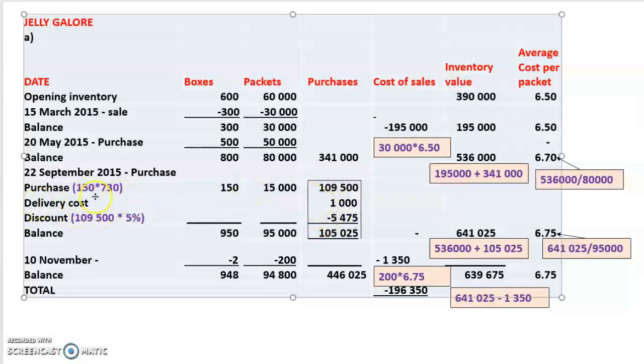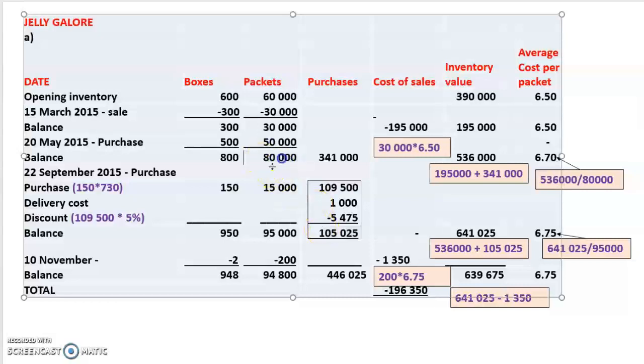Now our delivery cost was R1,000, so that forms part of the capitalized cost of the inventory purchase. So if we work out the total value of that purchase, that gives us 105,025. For how many packets? For 15,000 packets.